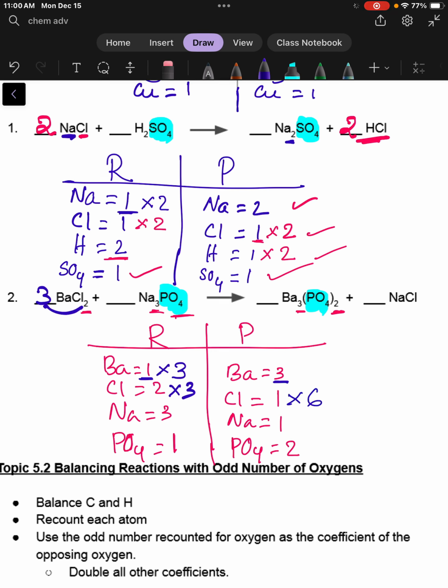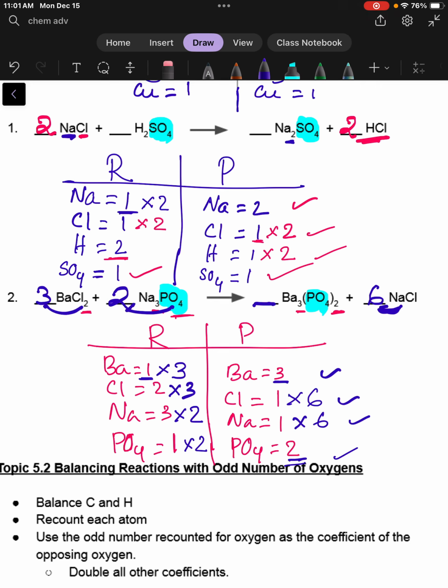So I'm going to multiply the right hand side of chlorine with the 6. That changed sodium because sodium is connected to that. Sodium is 6. So I'm going to multiply the left hand side with the 2 because there are already 3 there. So multiply here with the 2. That changed phosphate into what? 2, and phosphate is already 2 there. So everything is balanced.